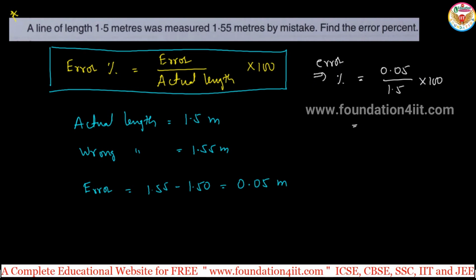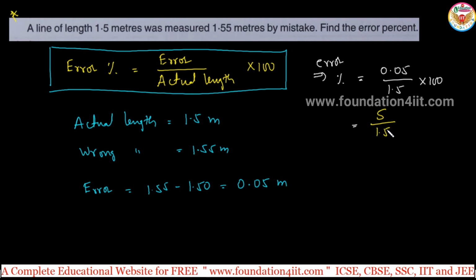You can simplify 0.05 by 1.5 into 100. 0.05 into 100 is 5 by 1.5. And this you can write as 50 by 15, multiplying with 10 by 10. 5 threes are 15, 5 twos are 10.